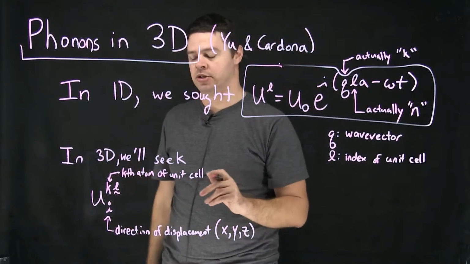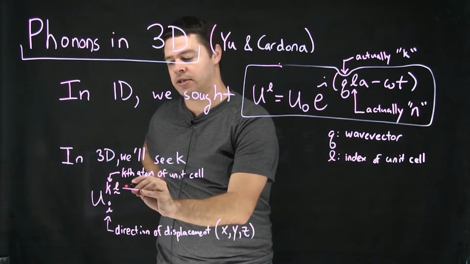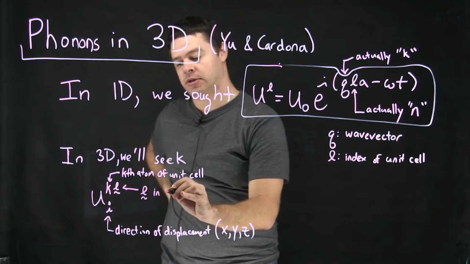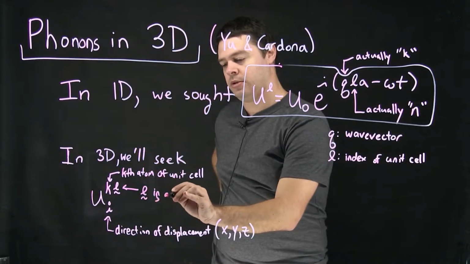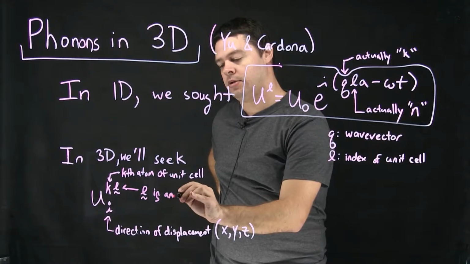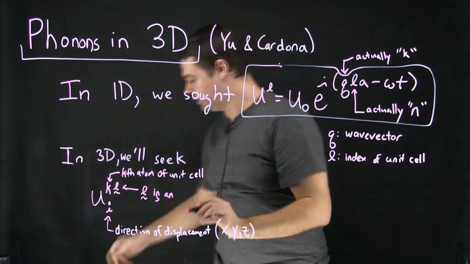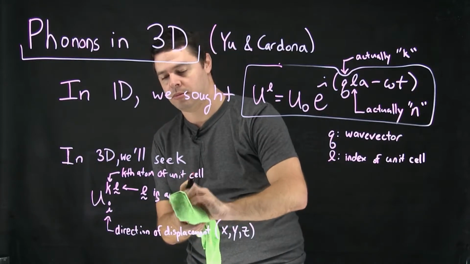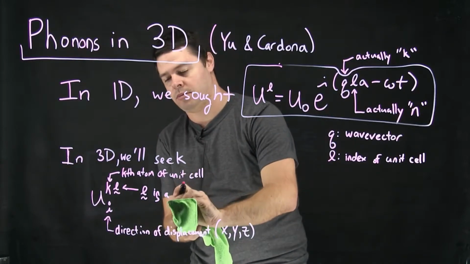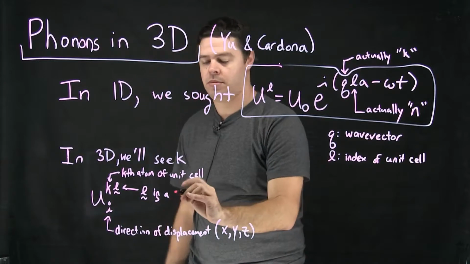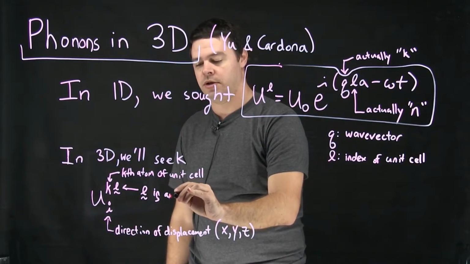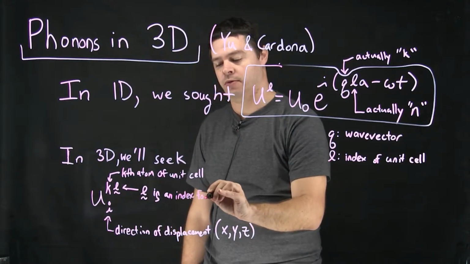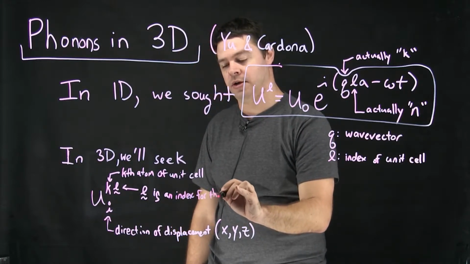So in that case, there'd be 2 atoms per unit cell, and then this thing L is an index for the unit cell.